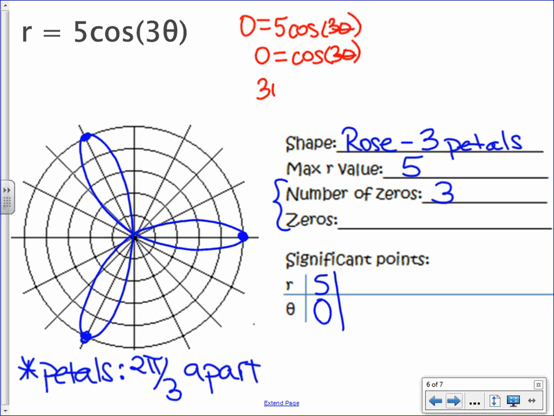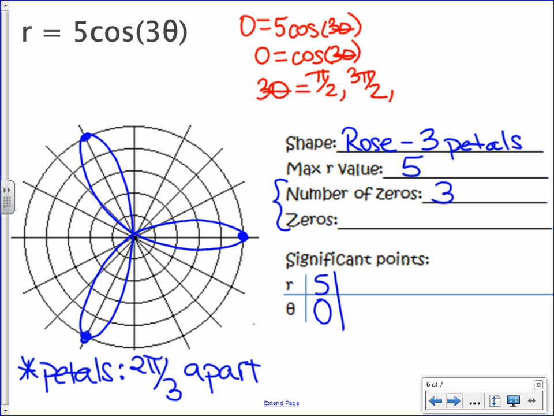So 3 theta equals, when's the first time cosine is 0? Where's cosine 0? Pi over 2. And when's the next time? 3 pi over 2. But we need 3 zeros, so I need one more time.